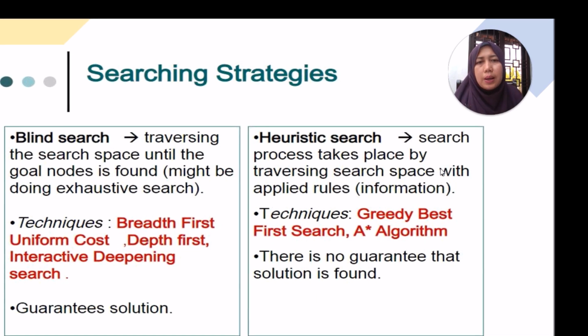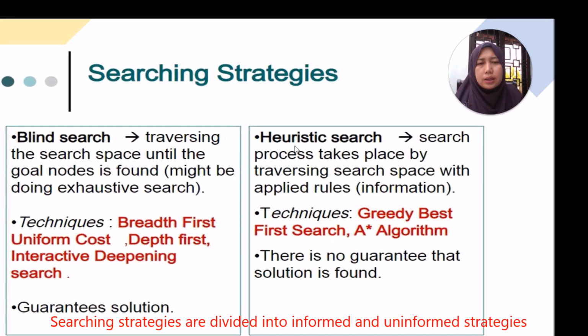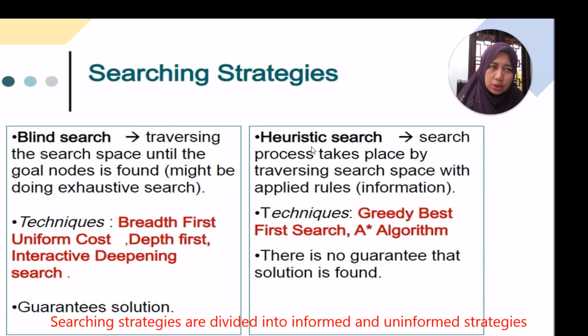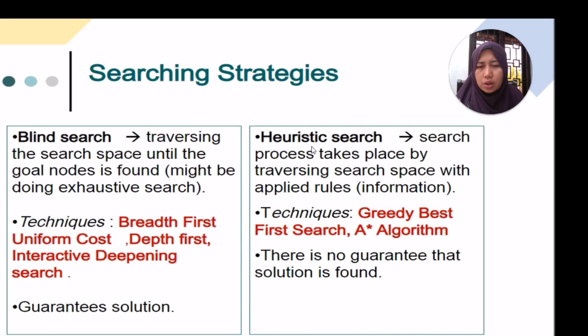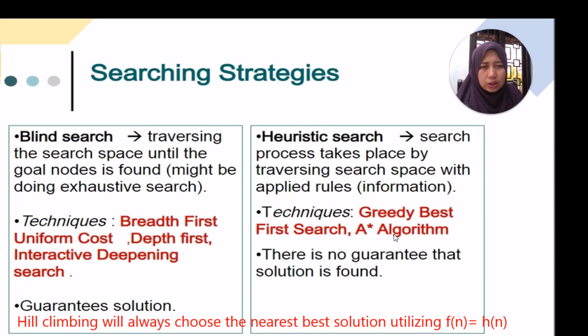There are two types of searching strategies. First is the uninformed on the left, also called blind search. The right side shows the heuristic search, or the informed search. So in this video, I'm going to touch on the greedy best first search and A-star best first search algorithm.